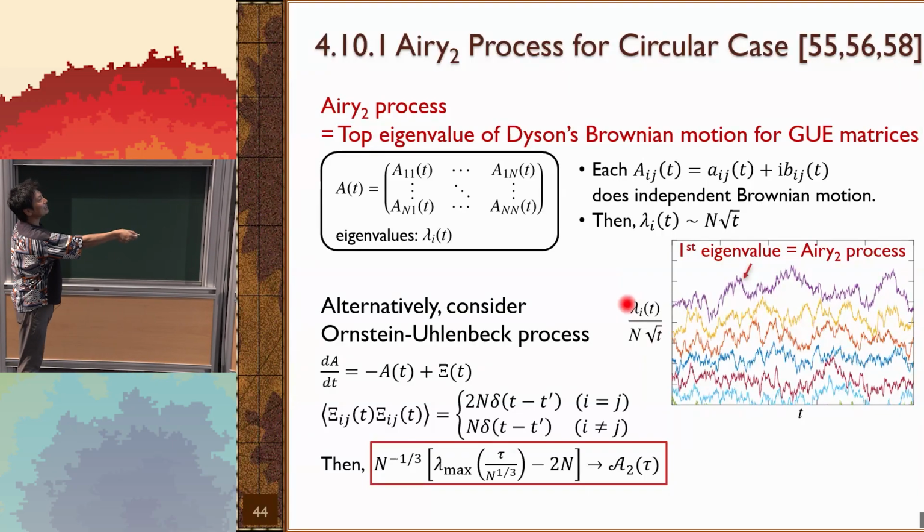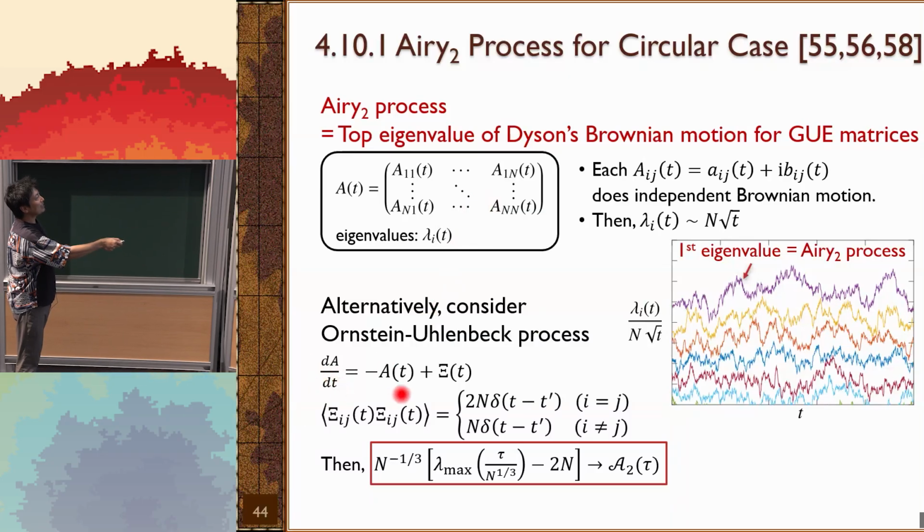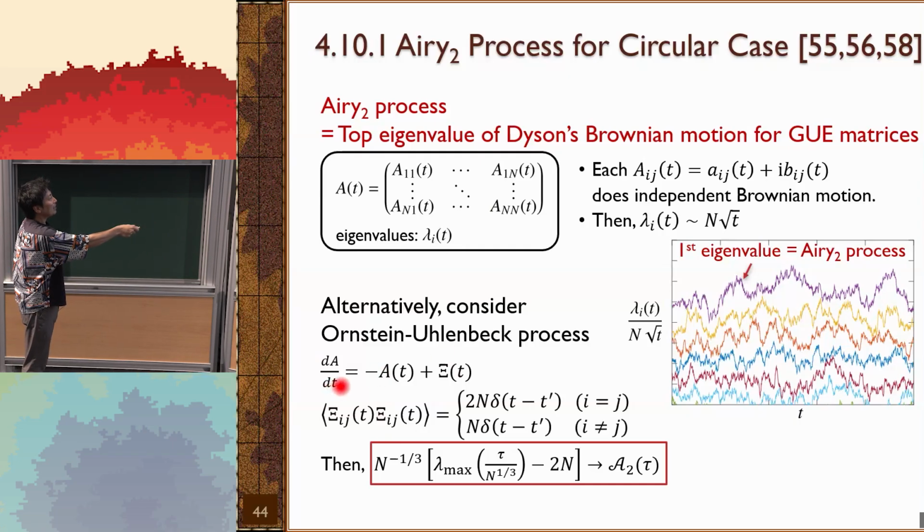And if you find this rescaling a bit annoying, you can actually consider the Ornstein-Uhlenbeck process instead of the simple Brownian motion. So if matrix A is evolved by this kind of time evolution equation, now you have a restoring force because of the parabolic potential. And then you can get a stationary process in the eigenvalues.